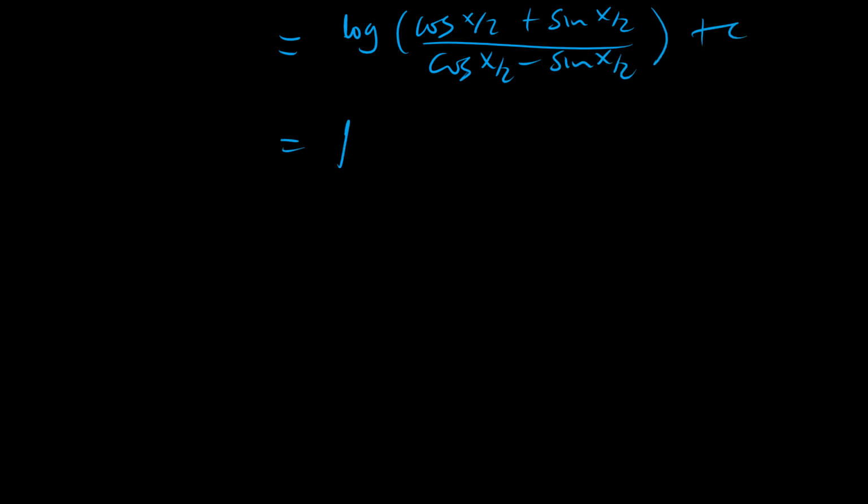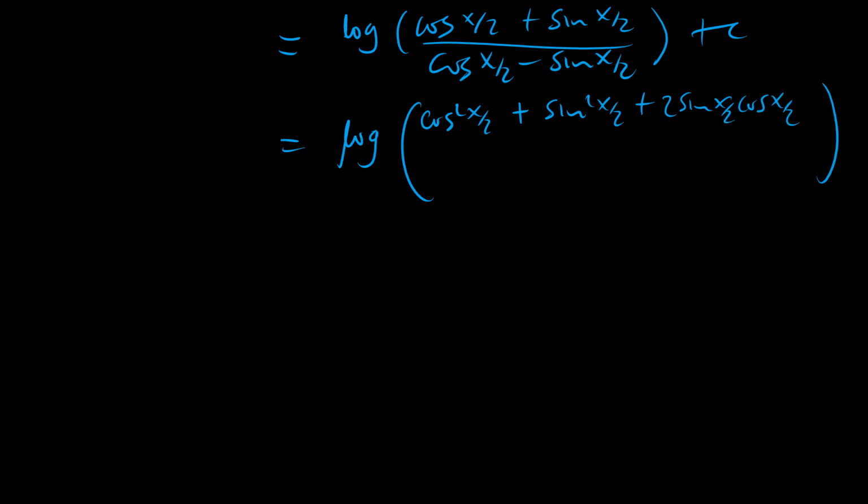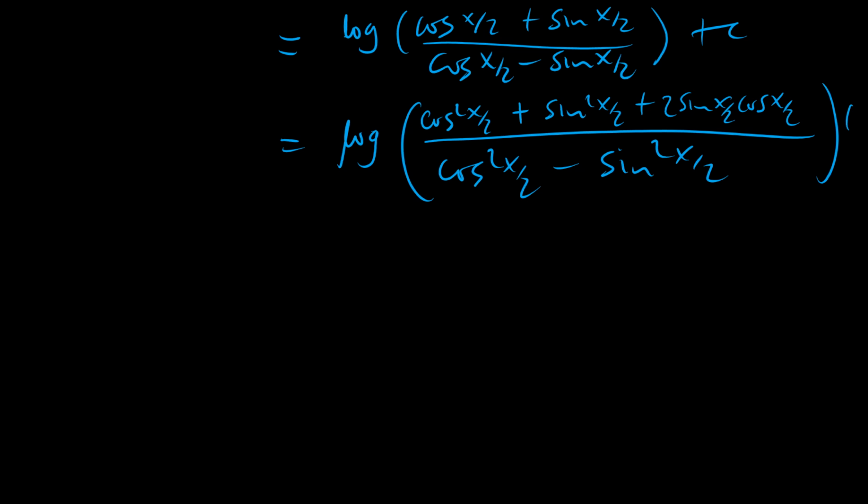Multiply both the numerator and denominator by cosine x over 2 plus sine x over 2, so we get cosine squared x over 2 plus sine squared x over 2 plus 2 sine x over 2 cosine x over 2, over cosine squared x over 2 minus sine squared x over 2, plus c.